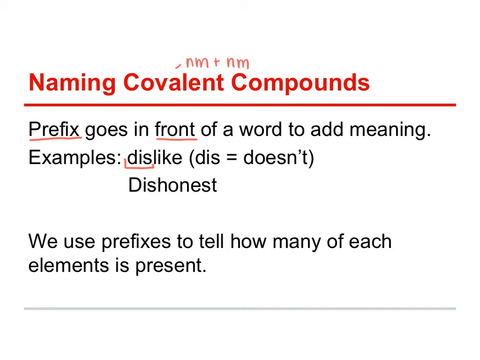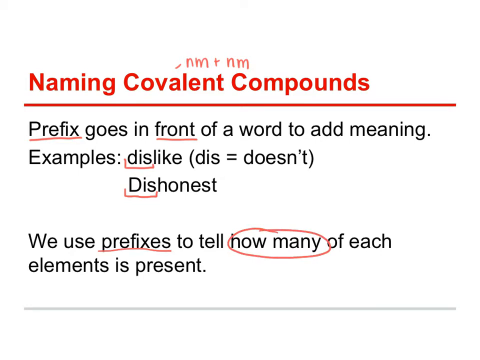If you are an honest person, you tell the truth, you do things that are right. If you are dishonest, you don't tell the truth. So we added a prefix, something that comes at the beginning of the word, to change the meaning of the word. We are going to use prefixes to tell how many of each element is present.